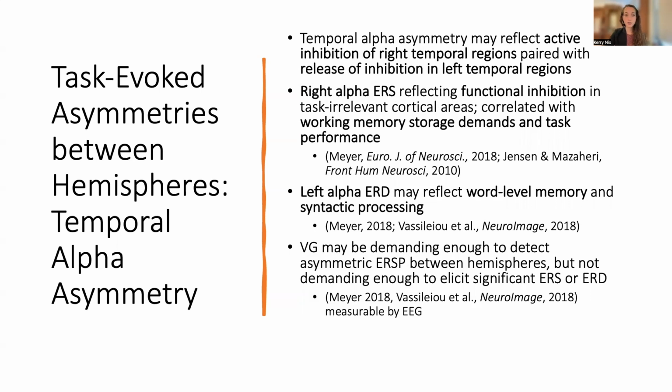And the right alpha ERS may reflect functional inhibition of task irrelevant cortical areas correlated with working memory storage demands and task performance, as has been found in past language processing studies. The left alpha ERD, we think, may reflect word level memory and syntactic processing. And the verb generation, we think, might be demanding enough to detect asymmetric ERSP between hemispheres, but not demanding enough to elicit significant ERS or ERD in either hemisphere.